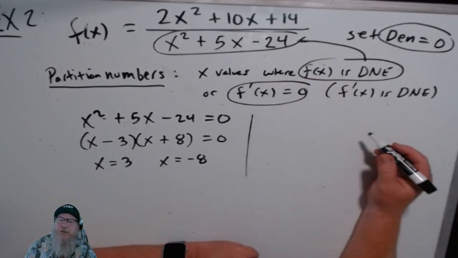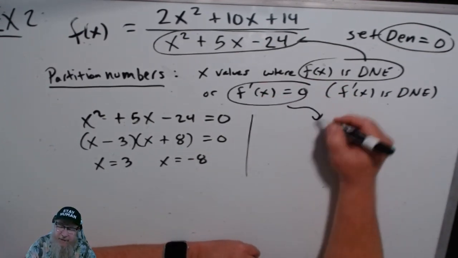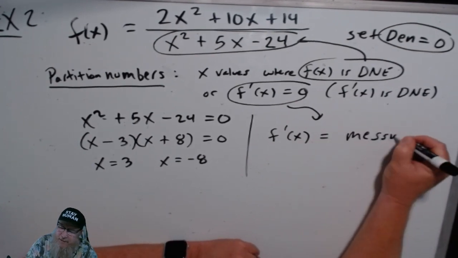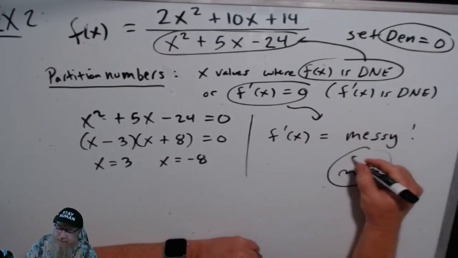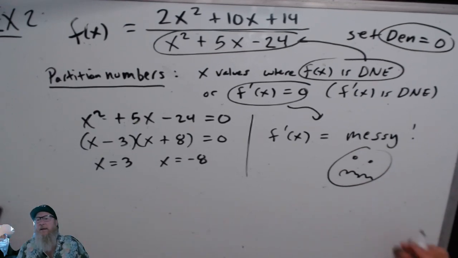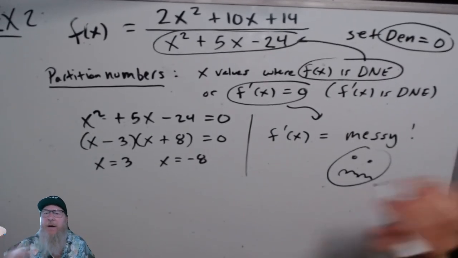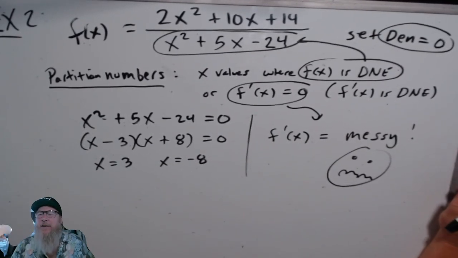Our next two partition numbers come from the derivative. Now this is going to take lots of steps. It's very messy. So hold on to your hat or your pen. Be prepared to pause very often if necessary.